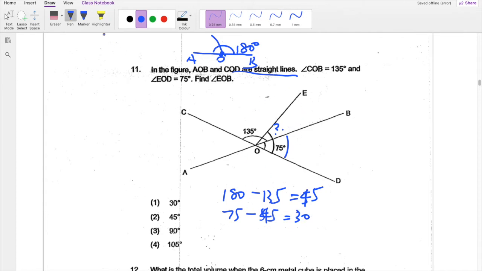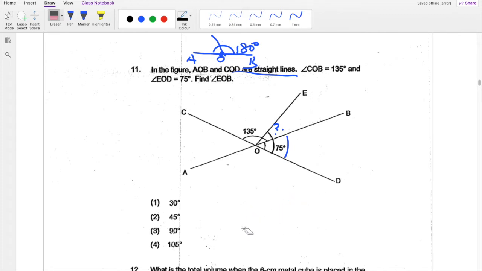Another way is that we need to observe. How? We see that 135 equals this angle, and 75 is this angle. These two angles overlap at this part.